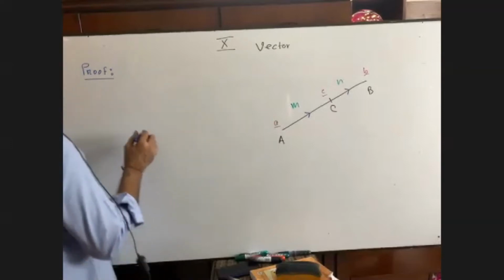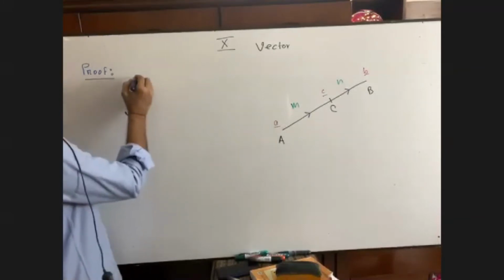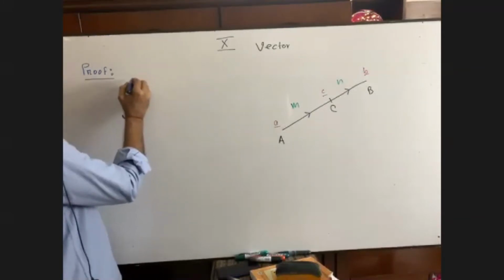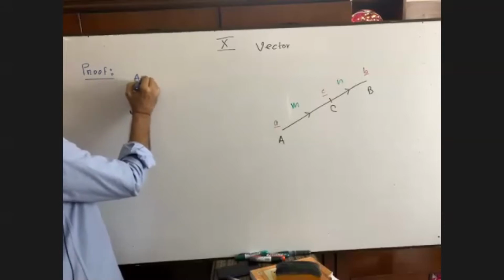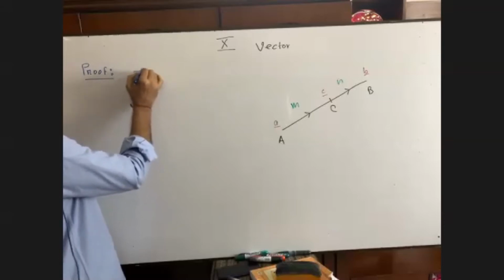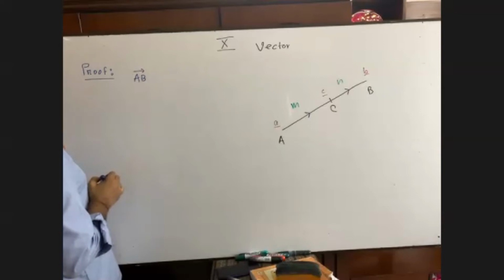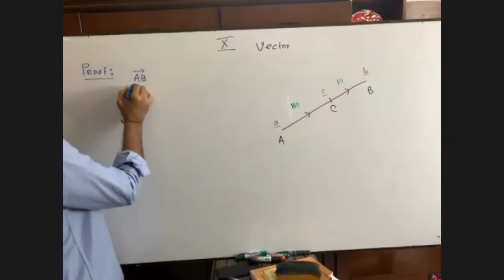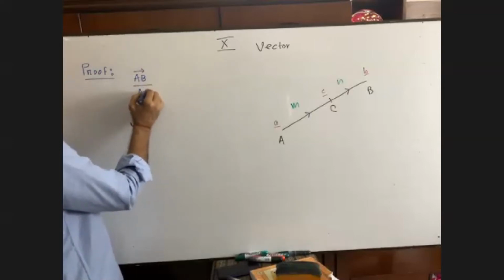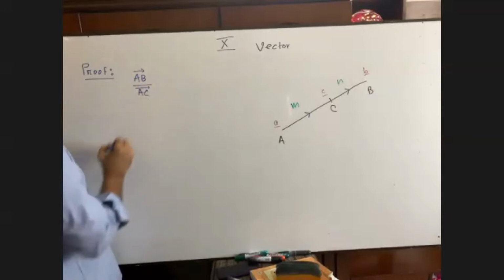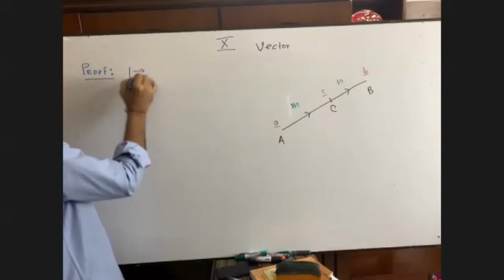Okay. AB by AC, actually equal to what? Can you let me know? AB by AC equals to what?